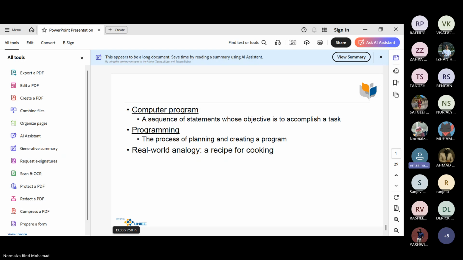Can you share the slide? I'm not sure whether I can share it here.